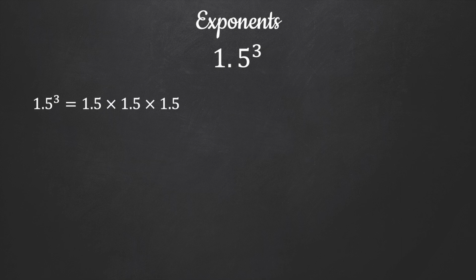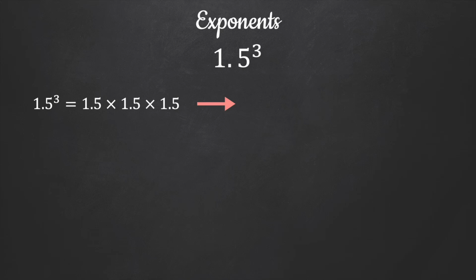So 1 5/10 is a repeated factor 3 times. That means that 1 5/10 cubed is equal to 1 5/10 times 1 and 5/10 times 1 and 5/10.